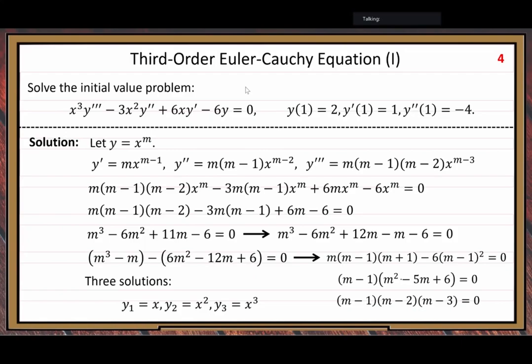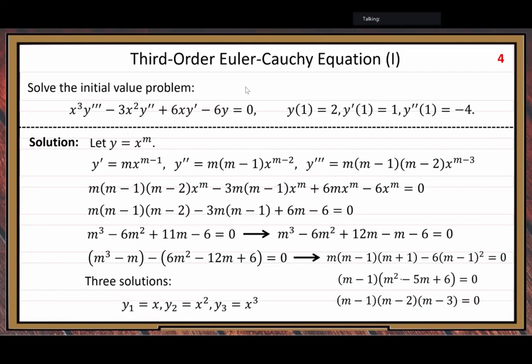Most of the time the numbers are not good looking. Very messy. And another case is you may have complex solutions, not necessarily real solutions.